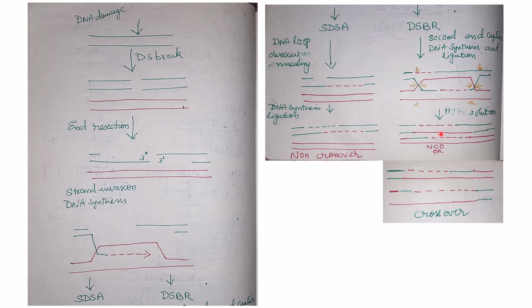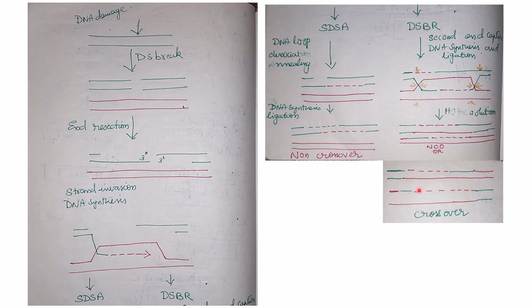Crossing over means exchange of genetic material between the broken chromosome and the template homologous chromosome, and it can result in genetic diversity. So this is the homologous recombination method of strand repair, and it is an error prone mechanism. Okay, that you have to remember, it is an error prone mechanism.